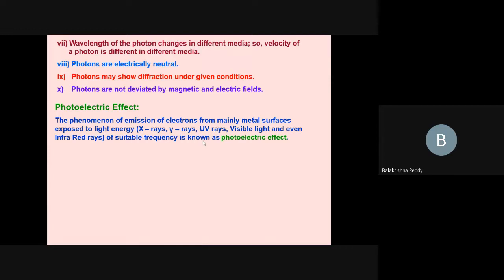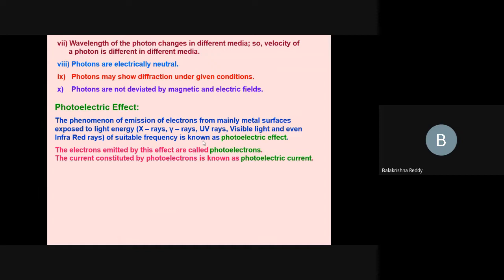Will all wavelengths or frequencies produce the photoelectric effect? No. Depending on the metallic plate, a suitable frequency or wavelength is required. So the phenomenon of emission of electrons when a metallic plate is exposed to a suitable frequency of light is called the photoelectric effect.